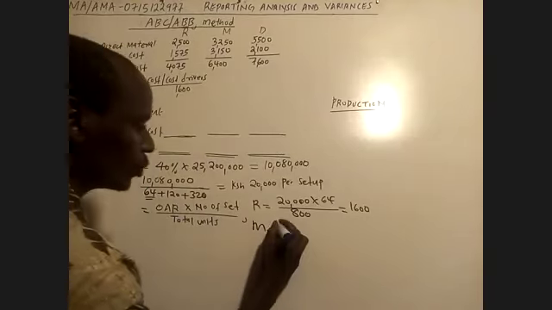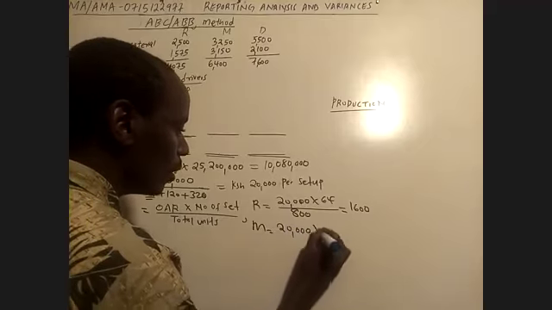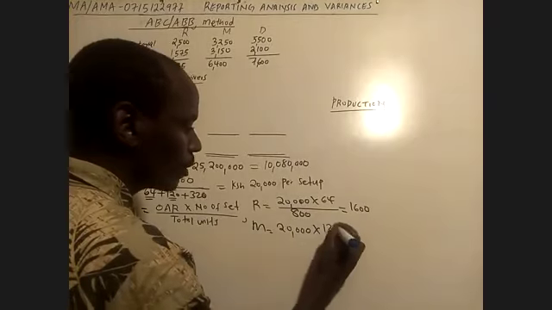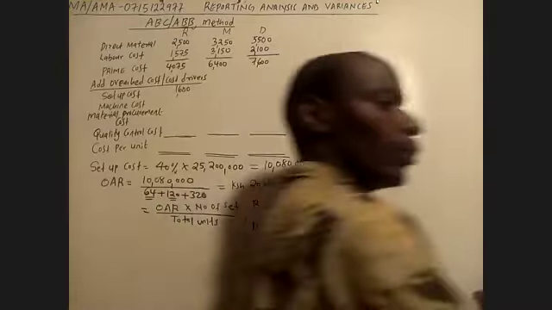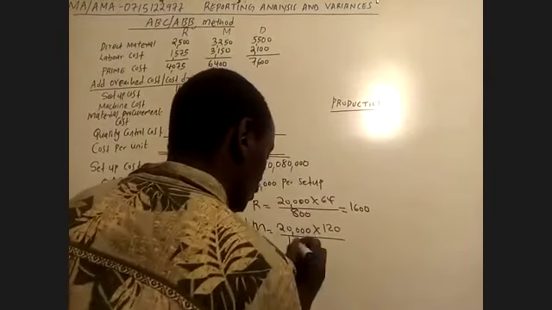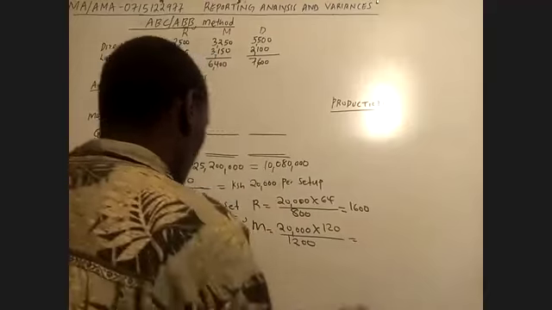We need to go to M. OAR is 20,000. We multiply with the number of setup for M, which is 120. We divide it with the total number of units, which is 1,200.